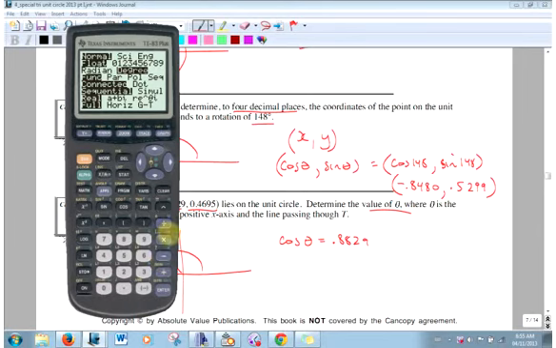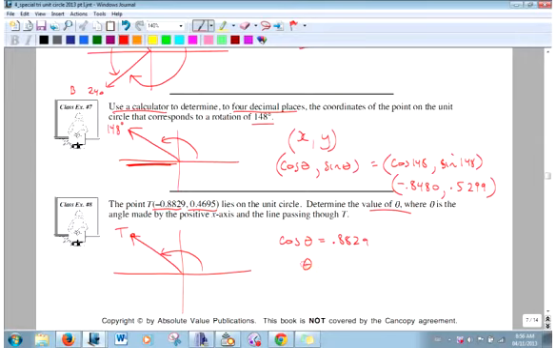Remember, that's how we get our reference angle. Second function, cosine. If you don't know the angle, hit the second function button. And that is 28 degrees. Okay, that's my reference angle. 28 degrees. So what is theta?